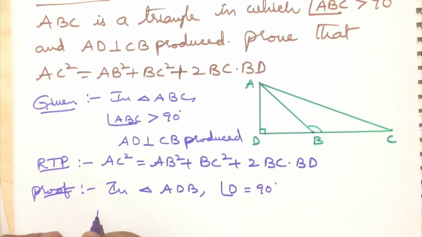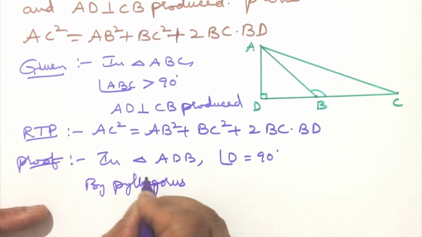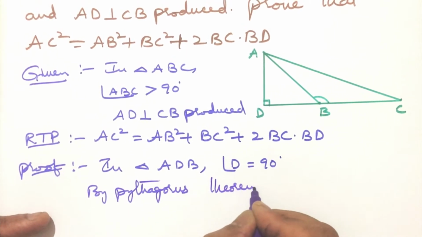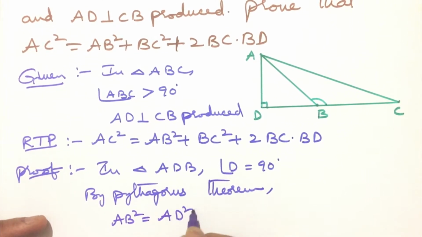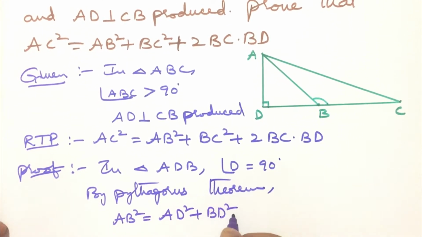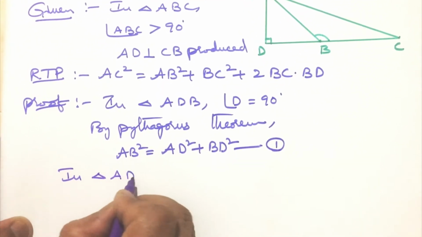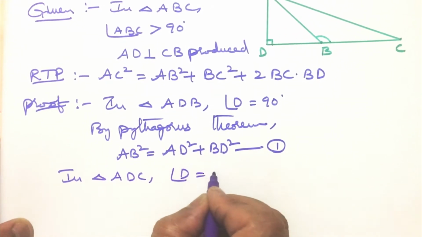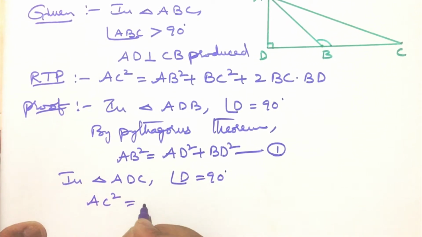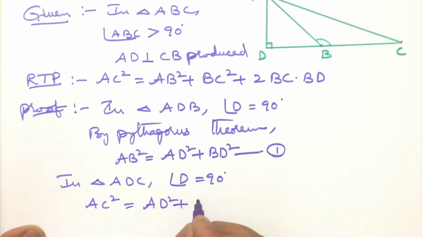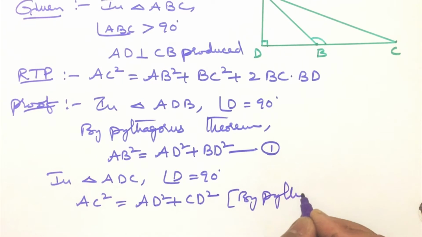So by Pythagoras theorem, AB square is equal to AD square plus BD square. This is equation 1. In triangle ADC, angle D is also equal to 90 degrees. Again use the Pythagoras property and write AC square is equal to AD square plus CD square, by using the Pythagoras theorem.